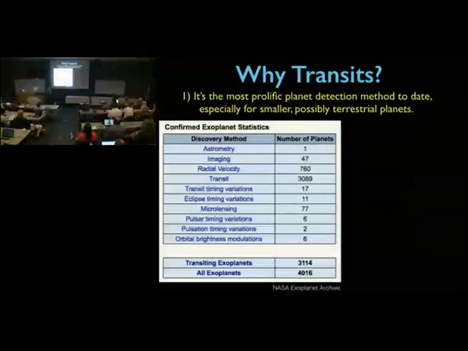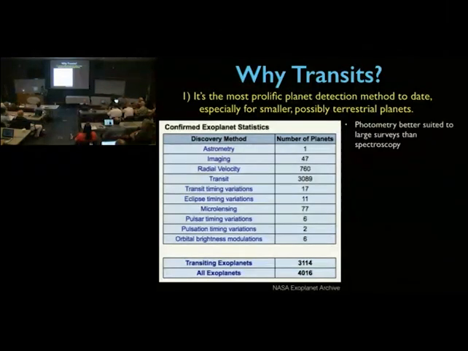Here, on the NASA Exoplanet Archive, we see that the number of confirmed exoplanets far outweighs all of the other planet detection methods combined.